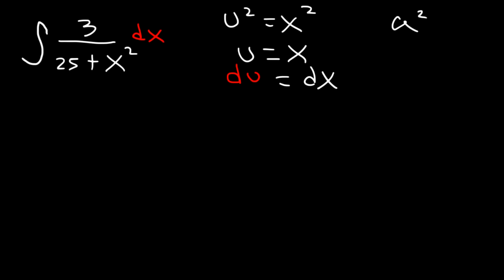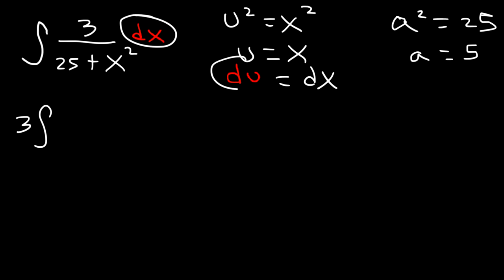A squared is 25, which means a is the square root of 25, or 5. So I'm going to move the 3 to the front, replace the dx with du, replace 25 with a squared, and replace x squared with u squared.